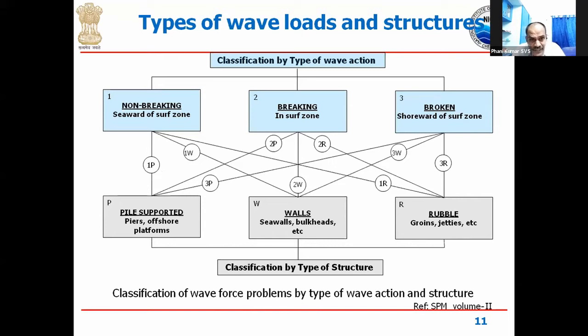So we have to see soil structure interaction and methods to arrest long-term soil erosion at the foundation. And also walls: is it a seawall, bulkhead, and things like that? Is it a rubble mound or groin and things like that? And then go on about the design for the type of the structure.